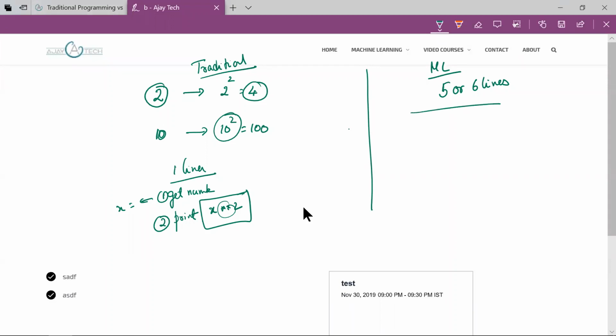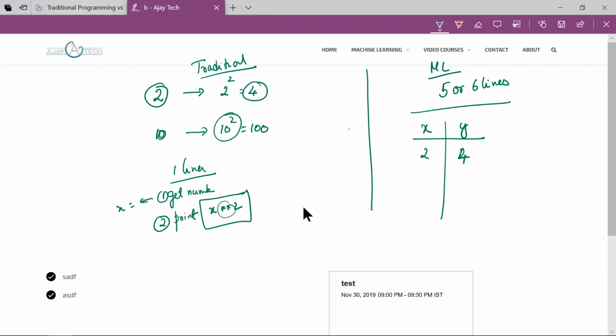But in ML, there is no such logic. There is no x squared. You can do it, but that's not machine learning. The way machine learning solves this is that it tries to understand the pattern. Let me give you an example. This is X, this is Y. X is some number, 2. Y is 2 squared, 4.